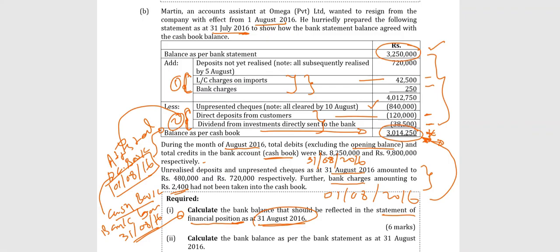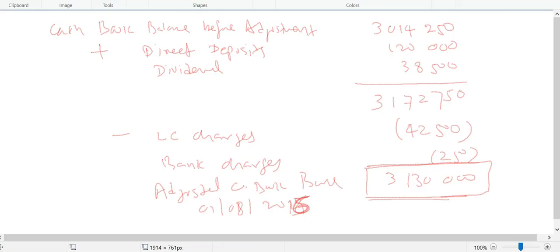So now to that amount, whatever the bank account cash book entries, the debits and the credits, will have to be adjusted and then find out the cash book balance as of 31st August 2016. So let's quickly do that.